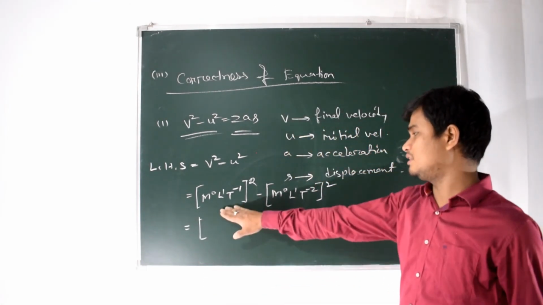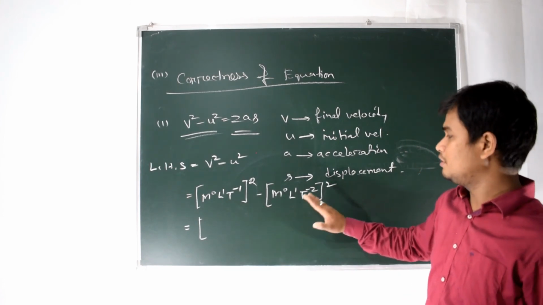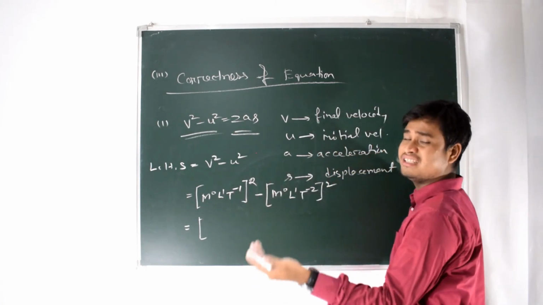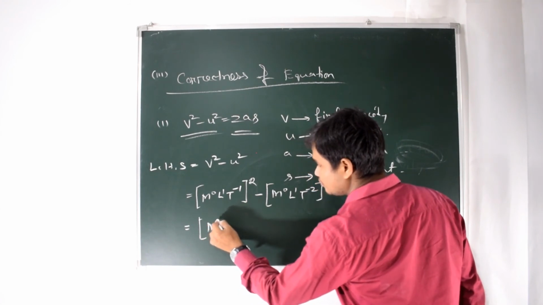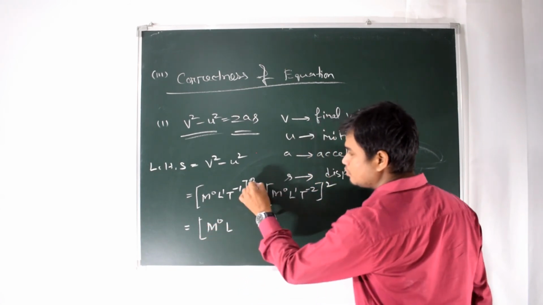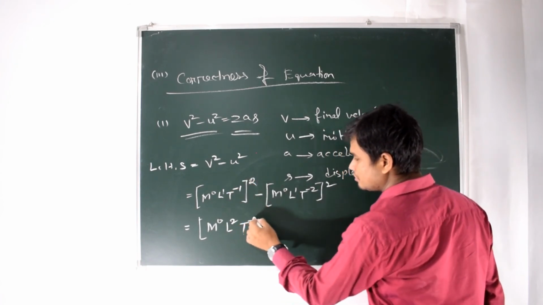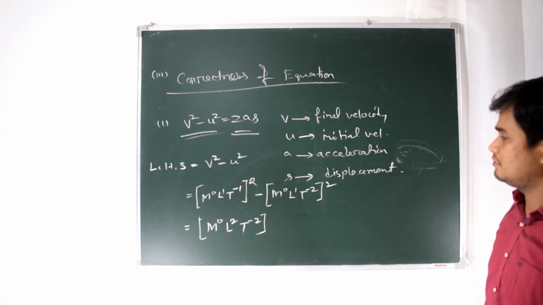This dimension and this dimension are equal, so the same dimension will be there: m0 l2 t minus 2. This is the dimension of the left hand side.